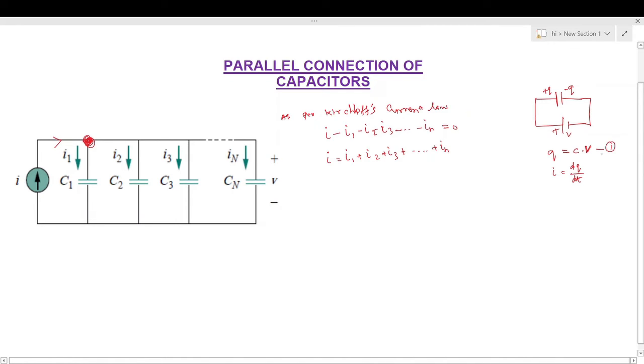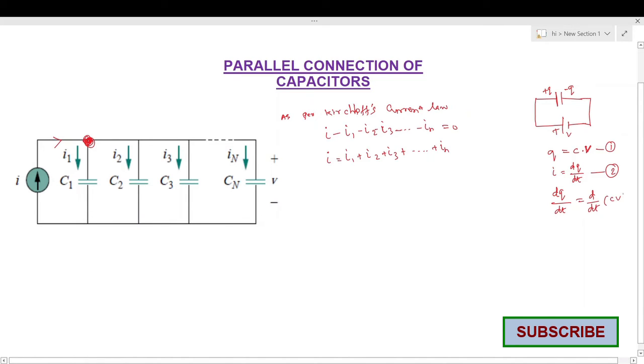If we mark this equation as first and this as the second equation, we need to apply the derivative on both sides of equation 1. So the equation will become dq by dt is equal to d by dt of CV.